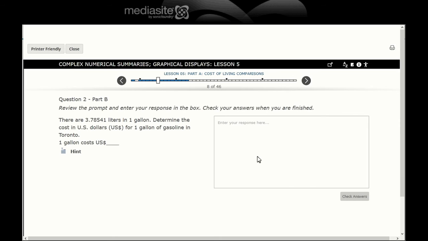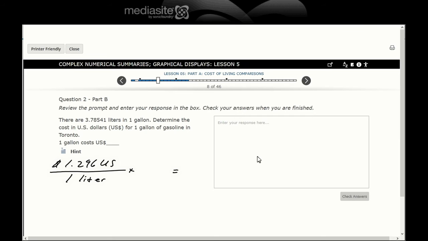Now, in the previous problem, we had 1.296 US dollars for 1 liter of gasoline. And what we want is 1 gallon costs how many US dollars?